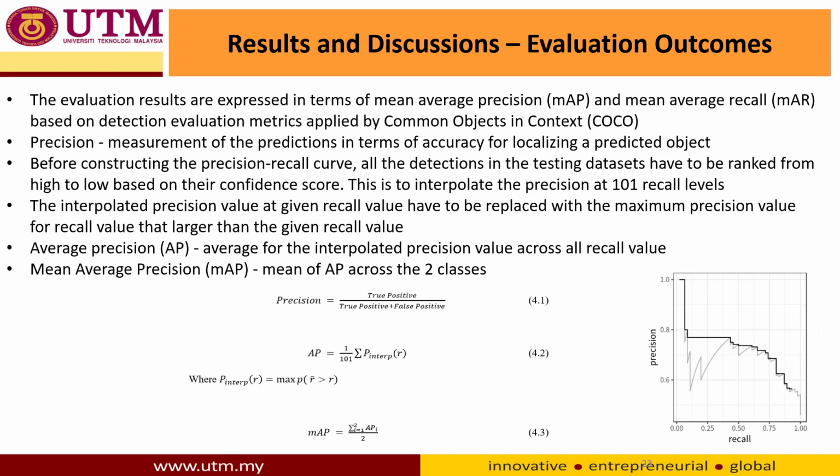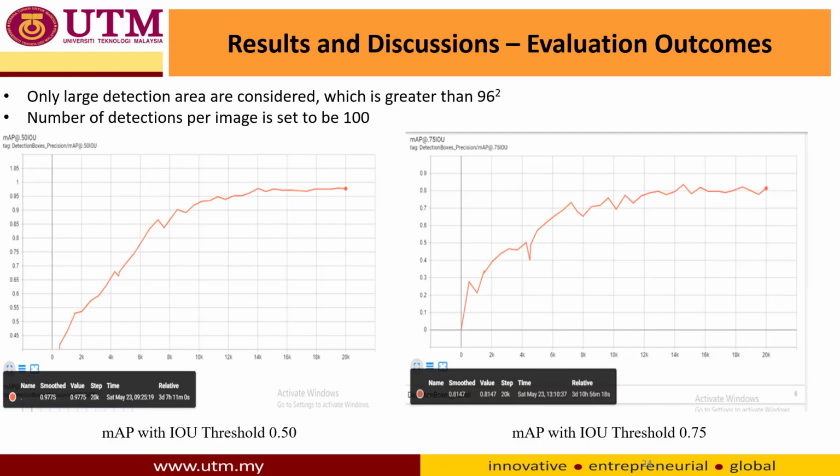We use a couple of evaluation outcomes: average precision, mean average precision, and mean average recall. These are pretty standard evaluation metrics applied by COCO. Of course, we only consider large detection areas.